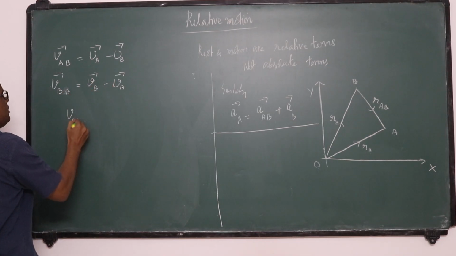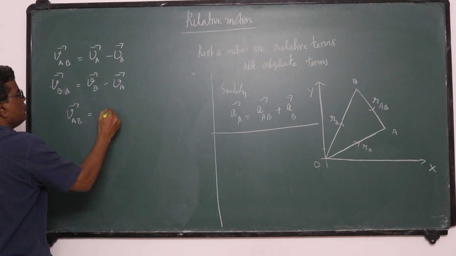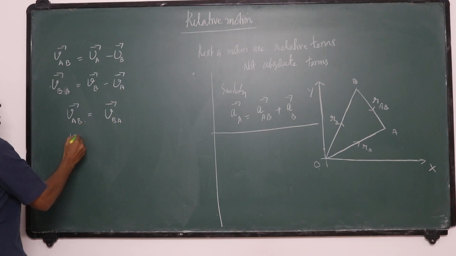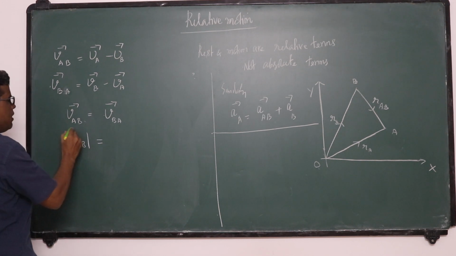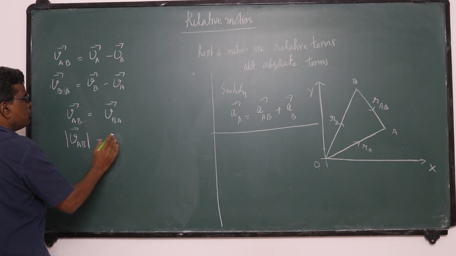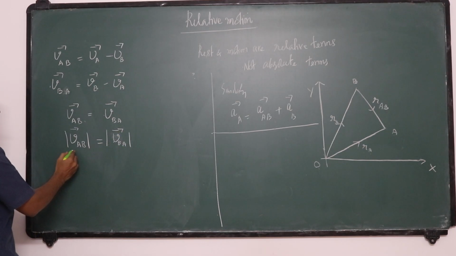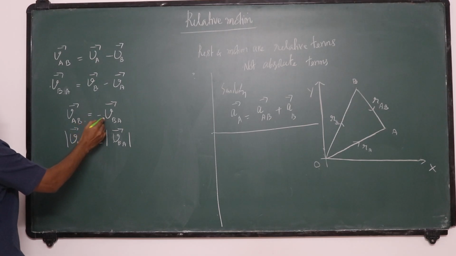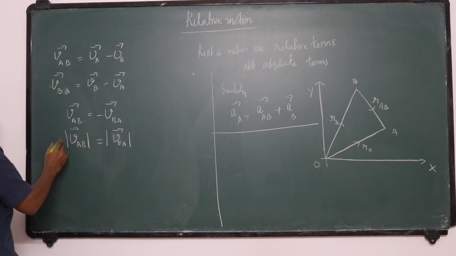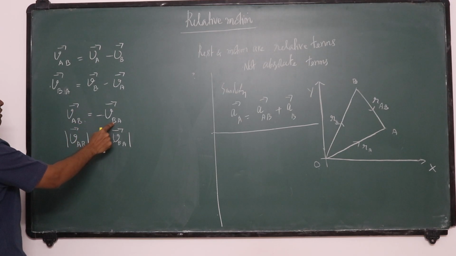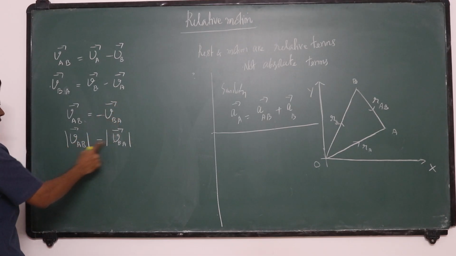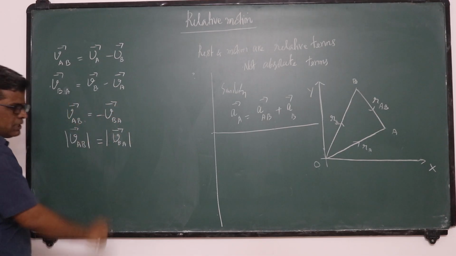Practically, VAB bar is equal to minus VBA bar. They are in opposite directions and their magnitudes are equal. So the relative velocity of A with respect to B is equal to minus the velocity of B with respect to A. They have equal magnitudes but opposite directions.